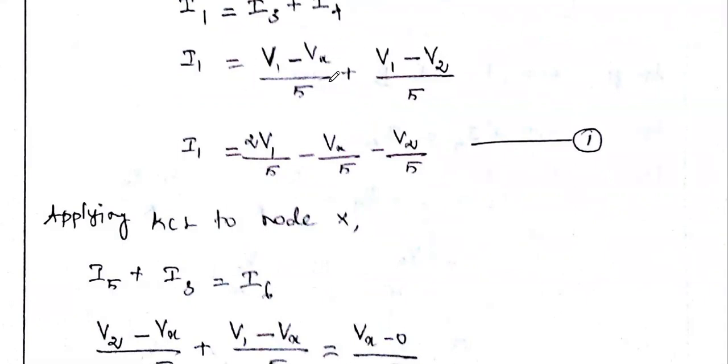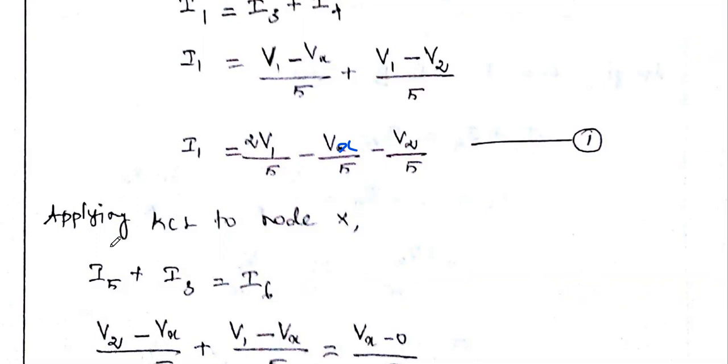First collect the V1, V2 and Vx terms: 2V1 by 5 minus Vx by 5 minus V2 by 5. We have to eliminate this Vx. The value of Vx is calculated by applying KCL to the next node and substituting back here. Consider this as equation number 1.